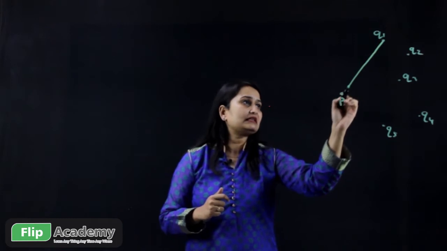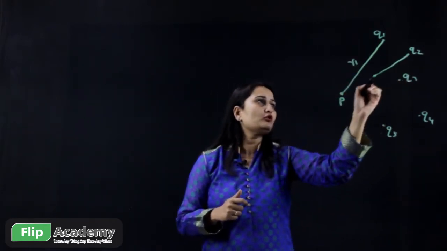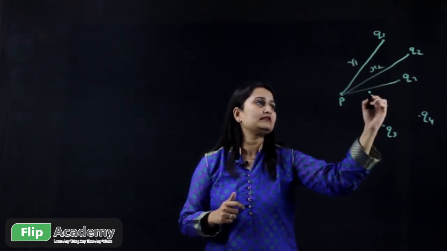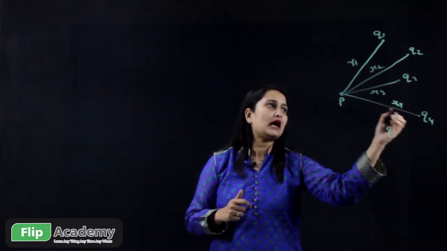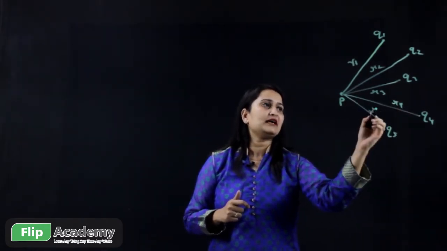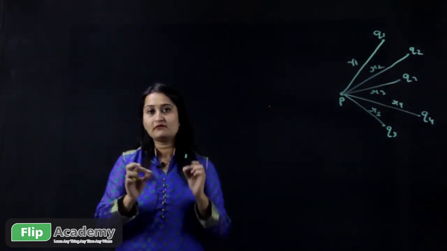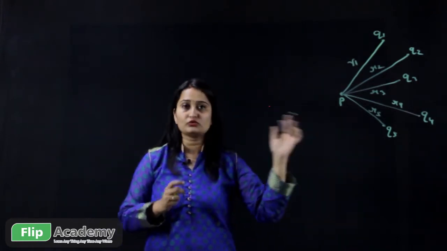It is given to us that Q1 is at a distance R1 from the point P. Similarly, Q2 is at a distance R2 from the point P, Q3 at a distance R3, Q4 at a distance R4 and Q5 at a distance R5. Our work starts from finding the electrostatic potential for Q1, Q2, Q3 and so on.